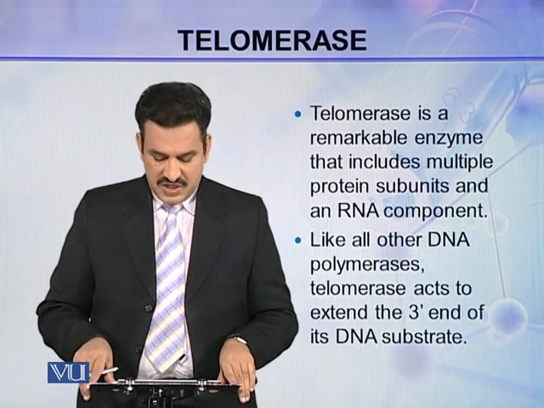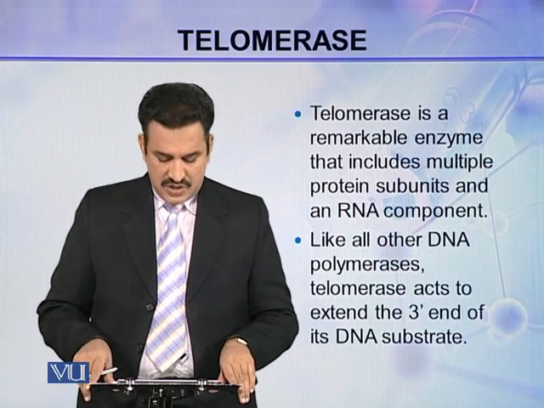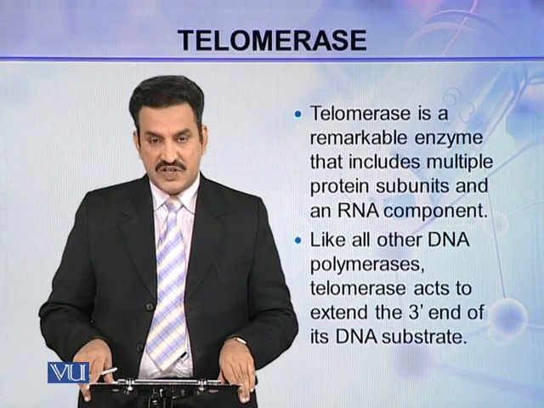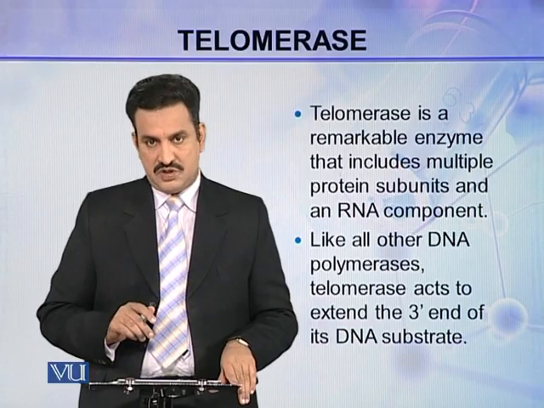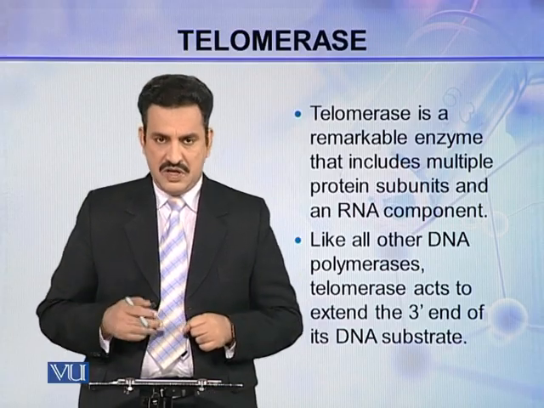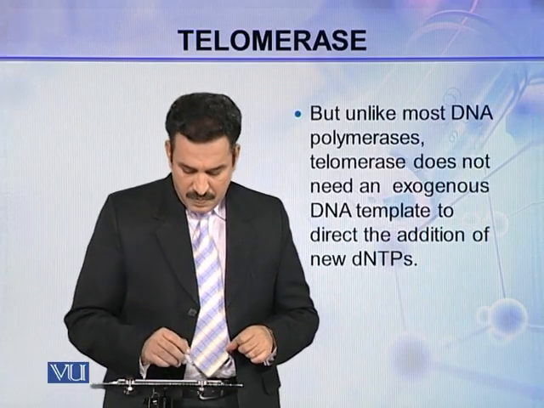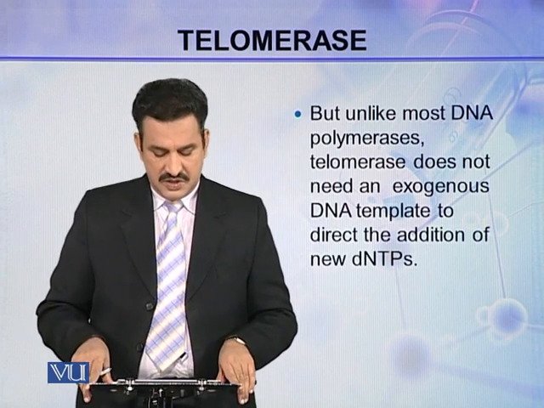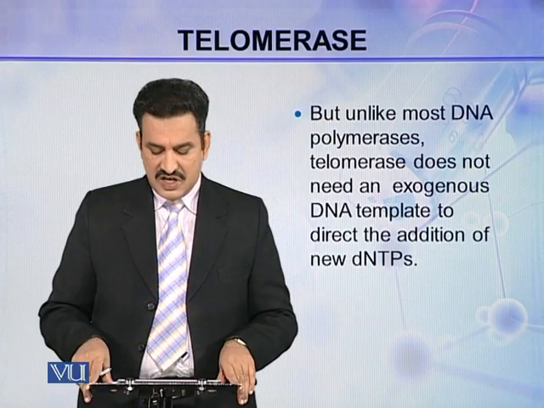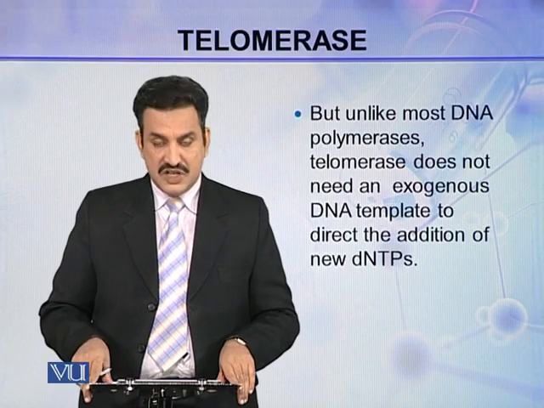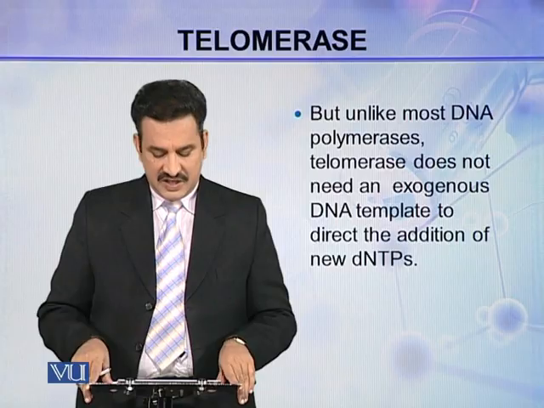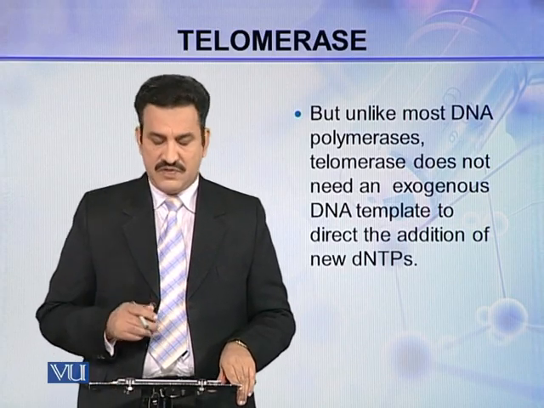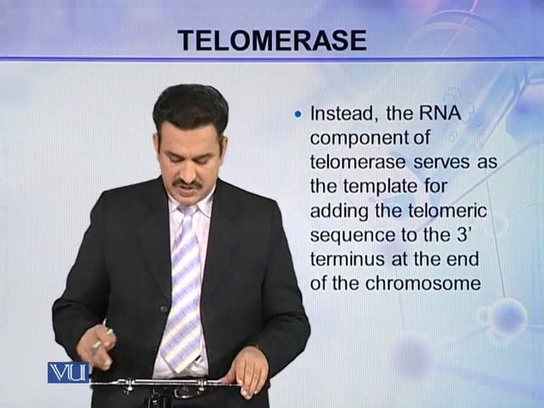Like all other DNA polymerases, telomerase acts to extend the 3' end of its DNA substrate. But unlike most DNA polymerases, telomerase doesn't need an exogenous DNA template to direct the addition of new dNTPs. This is a different feature from other polymerases.